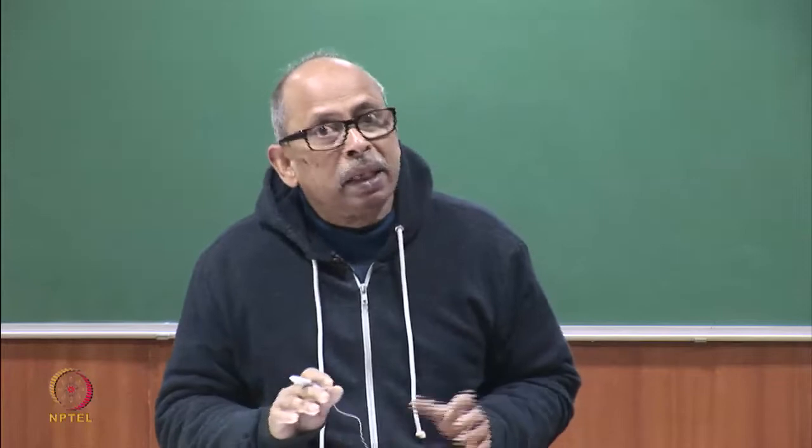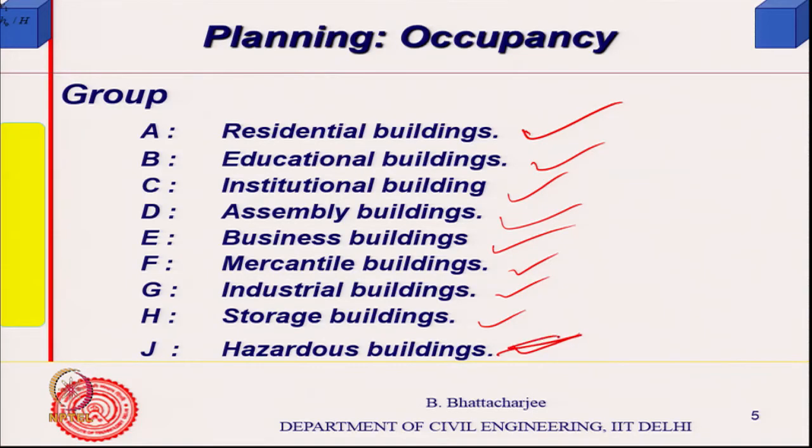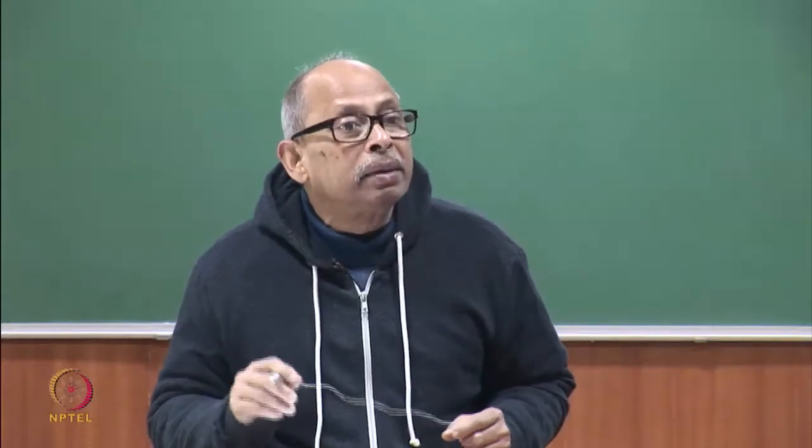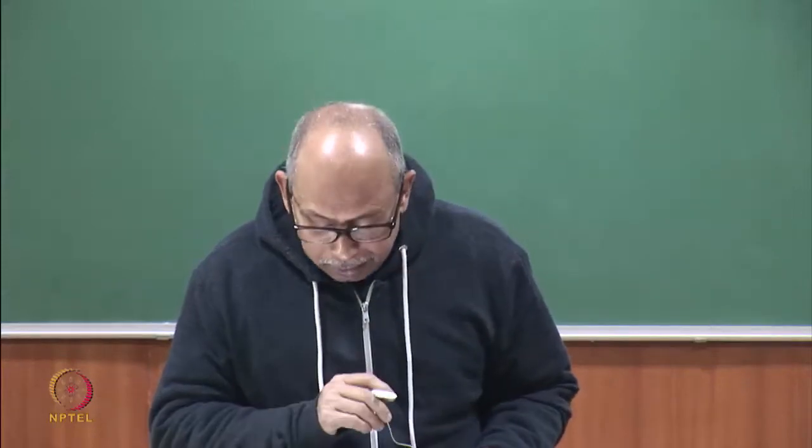As far as fire is concerned, it is a similar sort of thing. Hazardous buildings can generate fire, and some other occupancies might be very sensitive to fire. There can be catastrophe, failure, deaths, fatalities. So, you keep the sensitive ones away from the likely fire generating or hazardous buildings.